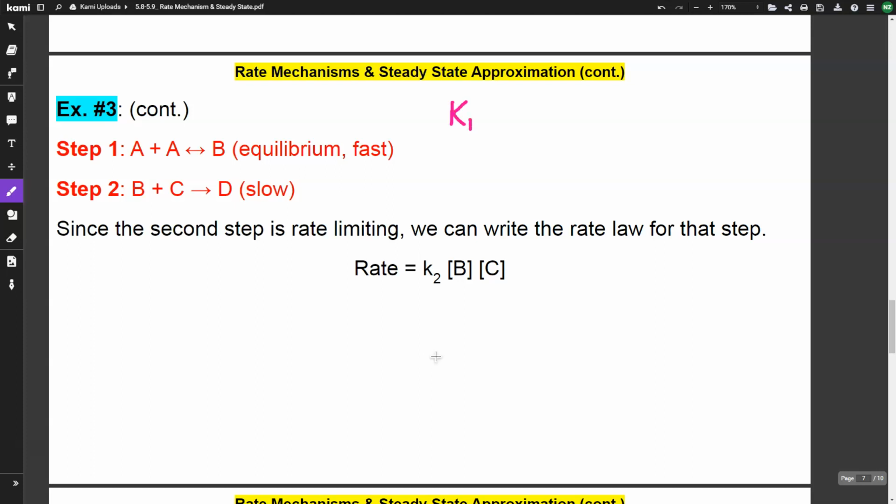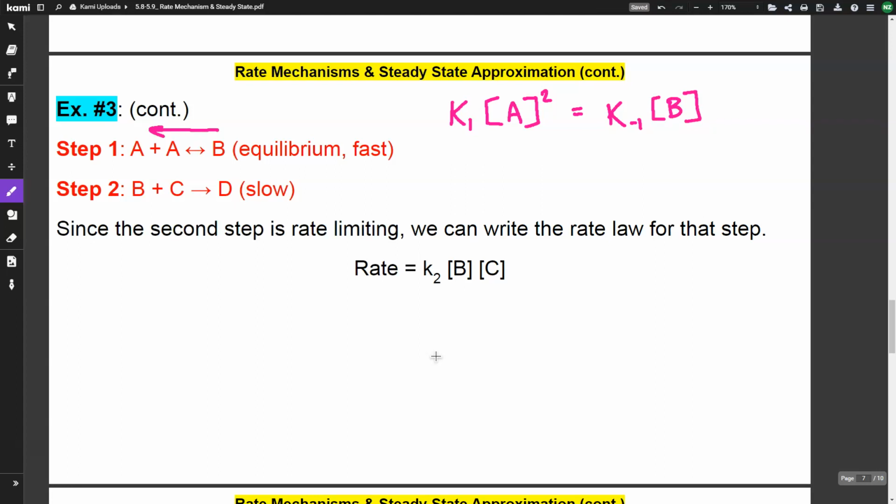So first step, forward direction, is going to be k1, and then our rate would just be A squared. Now in the reverse direction, when our equation proceeds in the reverse direction, our rate would be k negative 1. So we indicate the reverse direction as negative 1, and then we just have B.